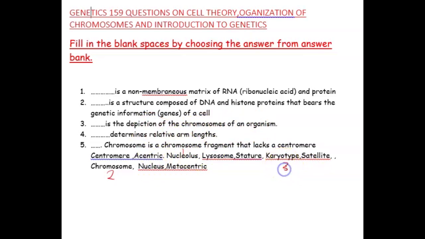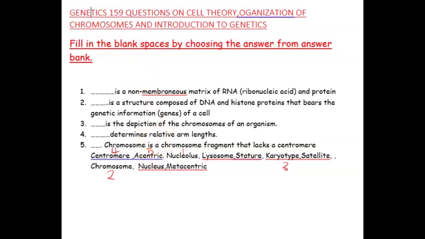Number 4, dash determines the relative arm length. There is a centromere which does that. Number 5, dash chromosome is a chromosome fragment that lacks a centromere. So it's acentric. The metacentric has a centromere, and the centromere divides the arms into equal parts. But the acentric has no centromere. It's a fragment.